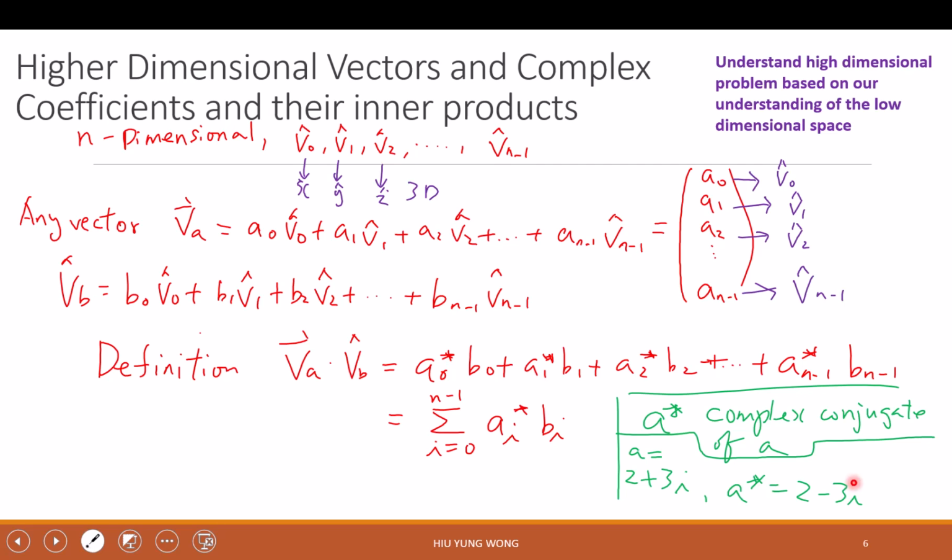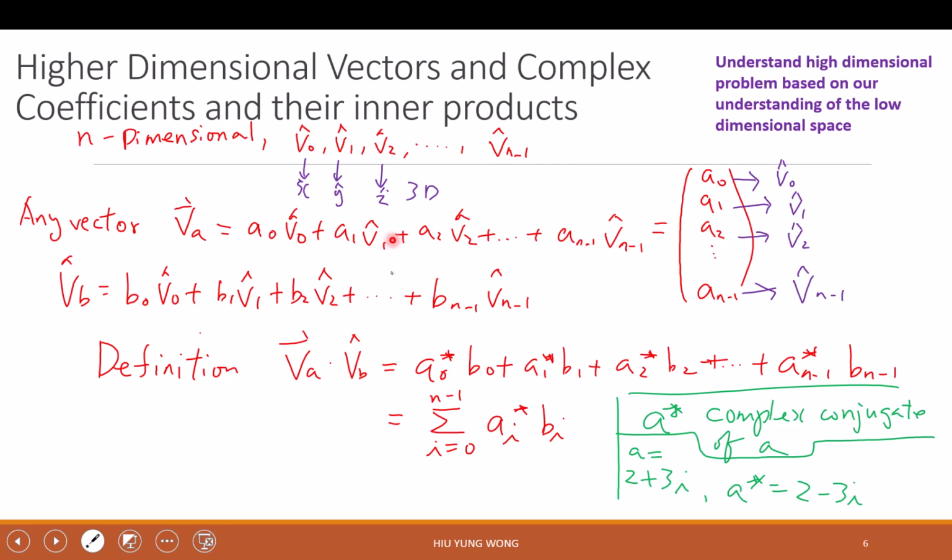So what does it tell us? You see, I have V_A. The V_A, of course, is a superposition, a linear combination of the basis states. And by how much? A0, A1, A2. So A0 to A(N-1) define V_A.